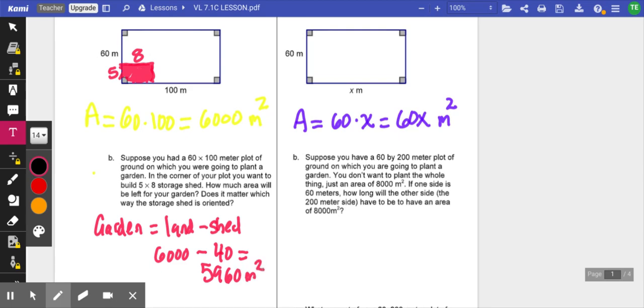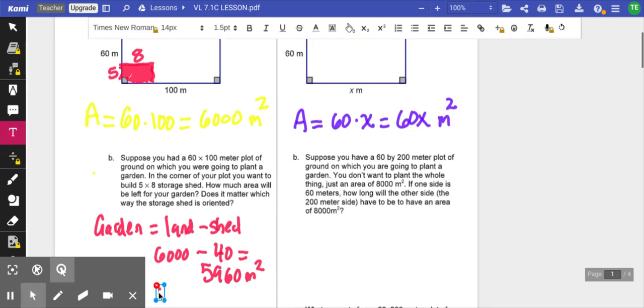Now, did it matter where I drew it? Did it matter if I drew it in the left bottom corner, if I drew on the top? No, it didn't matter. So it does not matter how it's oriented. The orientation does not matter.